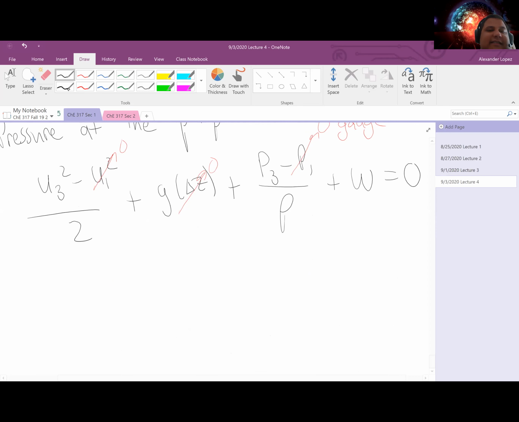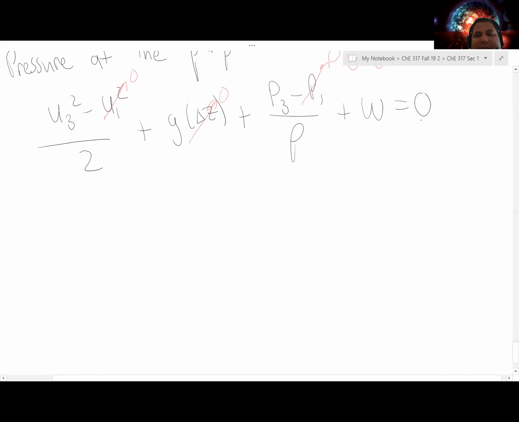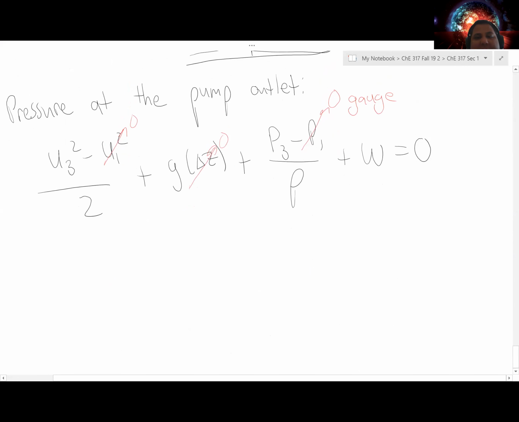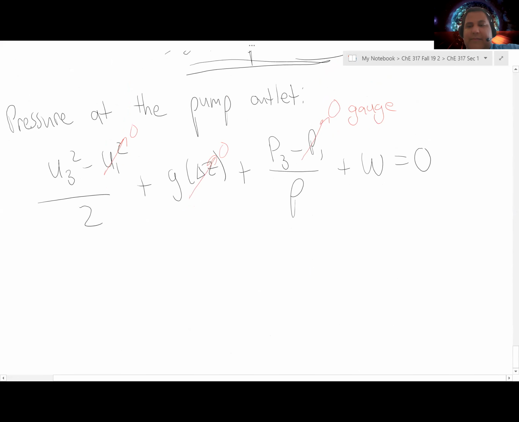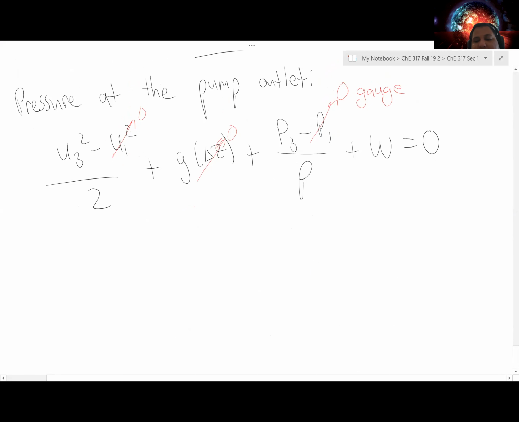We can have discussions, and if this was a real situation, you would really want to know what that elevation is to make the most accurate assumption. But for all intents and purposes, and since we only have a few minutes left in class, I'm going to say that delta Z is 0, fully admitting that that's really not going to be the case.